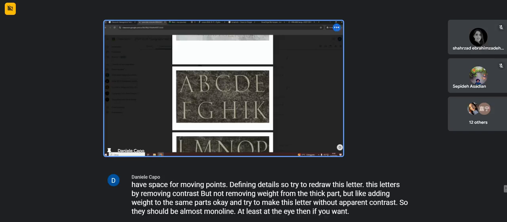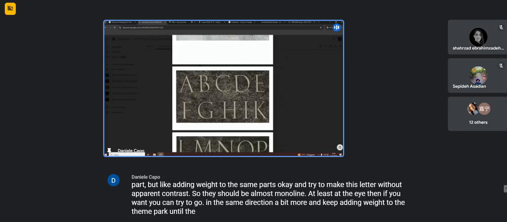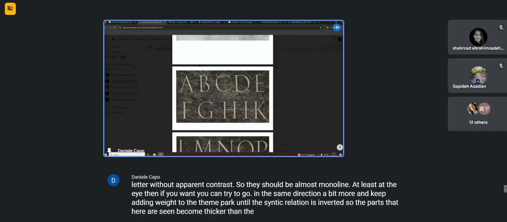Then, if you want, you can go in the same direction a bit more and keep adding weight to the thin part until the thin-thick relation is inverted. So the parts that here are thin become thicker than the thick part.